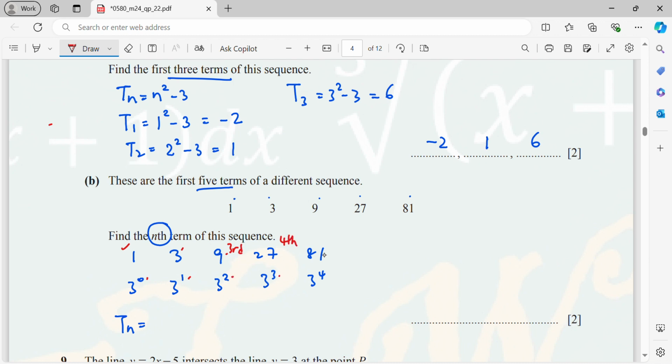That means the power of the 3 is always 1 less than the number of the term. Same goes for the 81. This is the fifth term, but the power is only 4. So if it is the nth term, you will have 3 power n minus 1. So 3 power n minus 1 is your nth term.